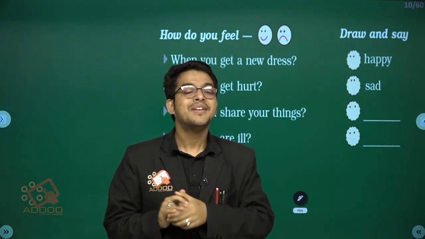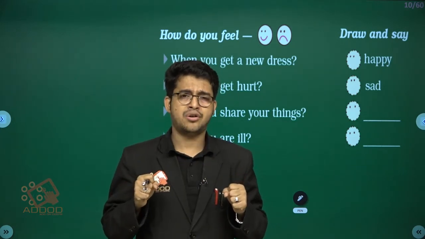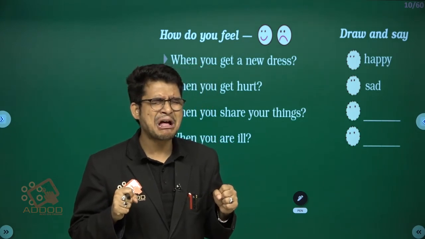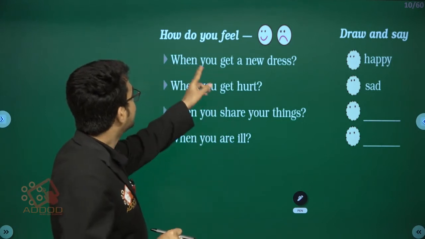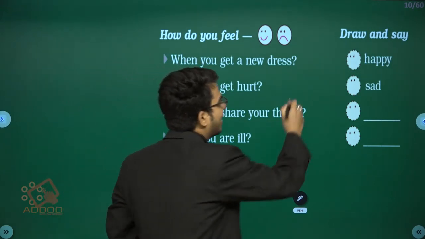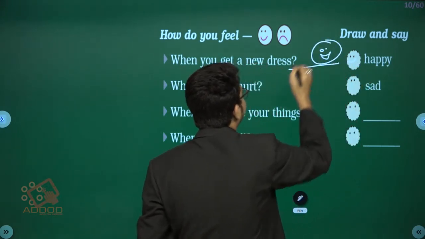So we are happy, we are sad, we are angry, we are down, we are up, we are crying. Sometimes we have different emotions. So they are saying, when you get a new dress, how do we feel? Of course, we feel happy.